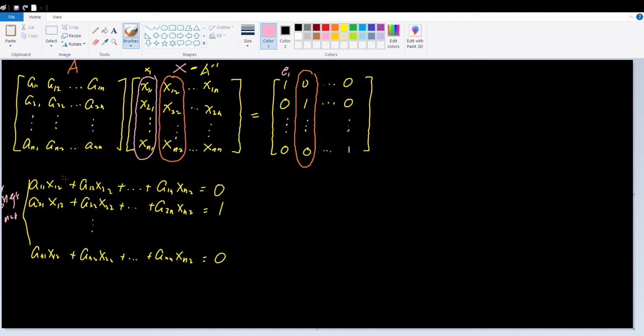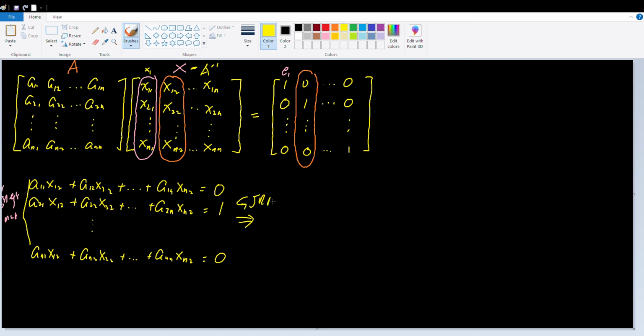And what are these unknowns? X12, X22, Xn2, which are actually the entries in the second column of the inverse matrix X that we are looking for. All right?